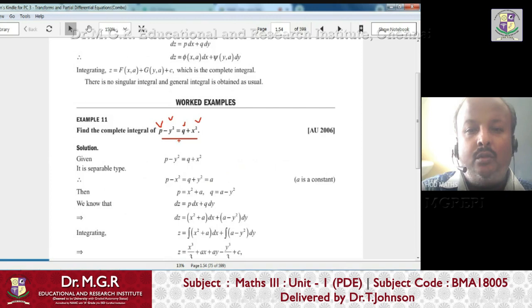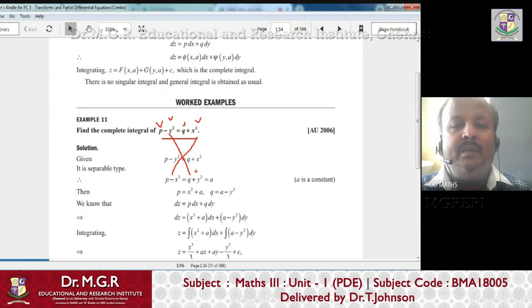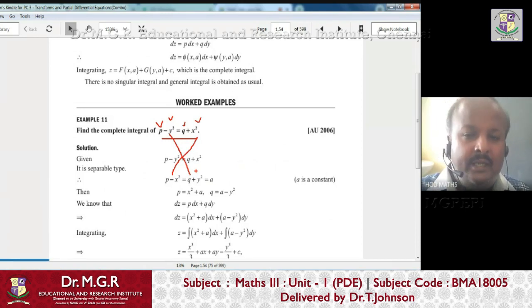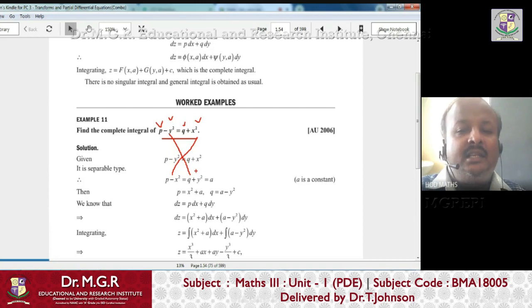Why? Because it doesn't contain z, it contains only x, y, p, q. Moreover, you can take this x square to the left hand side and write it as p minus x square, and you take this y square to the right hand side and write it as q plus y square. So you should write x and p on one side and q and y on the other side. If you are able to separate the equation in such a form, then we call this type 4.